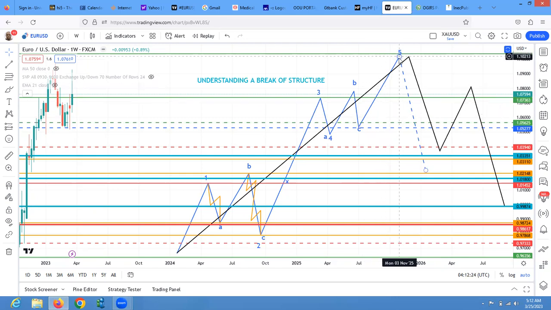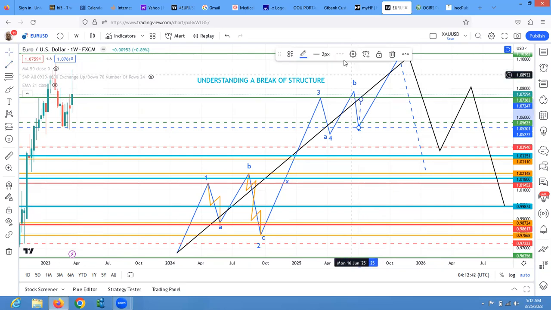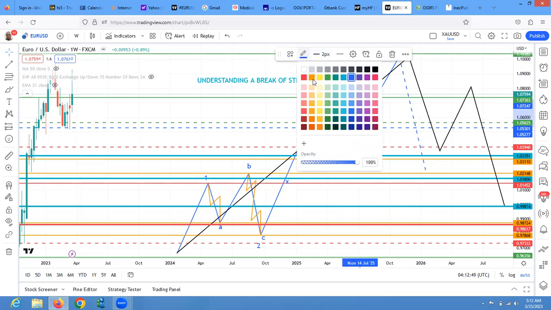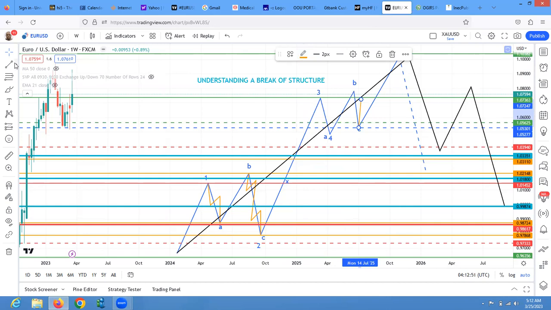In this case, for instance, if you are to also run this in 5 waves, it's going to go this way. Five waves is going to go that way. That's wave 1.